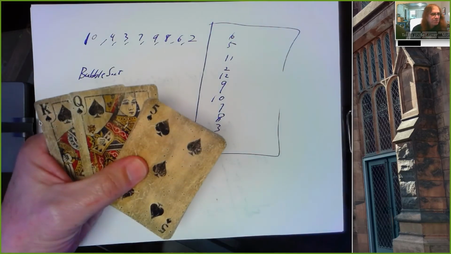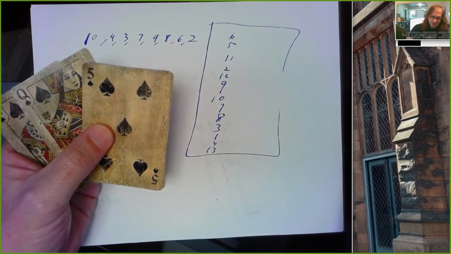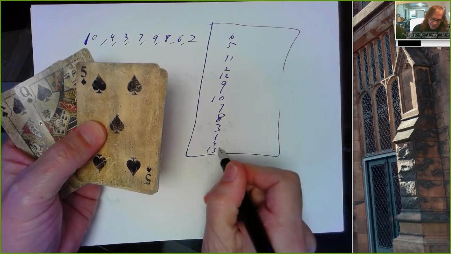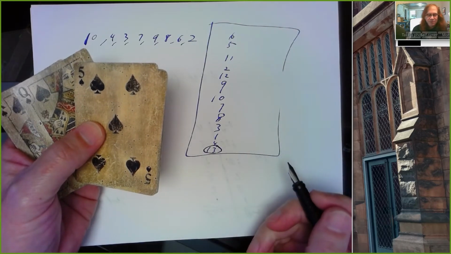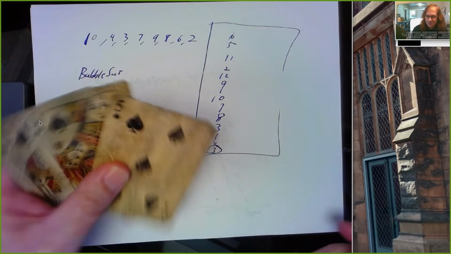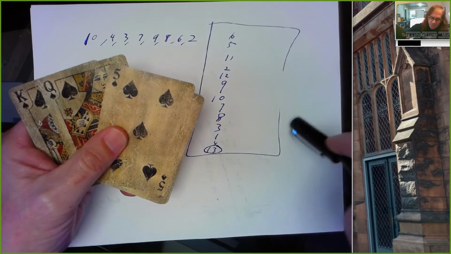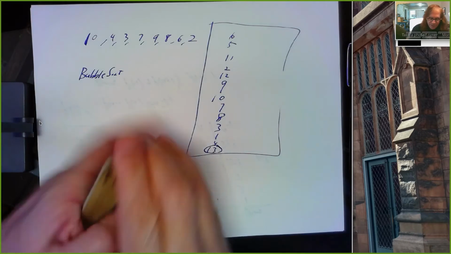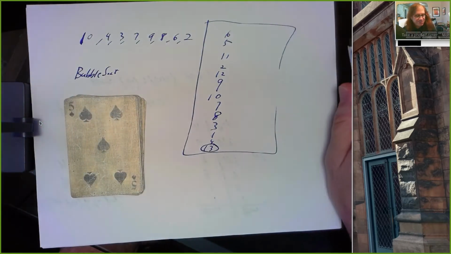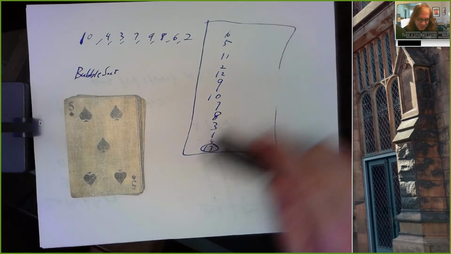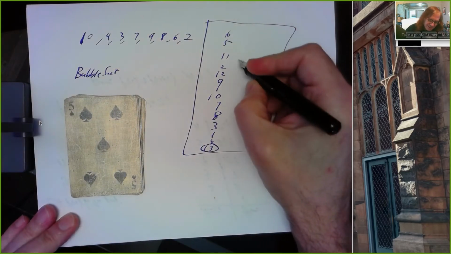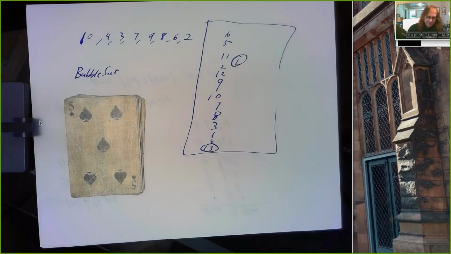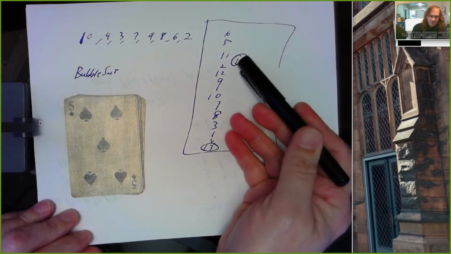Okay, what we know at this point is that the largest number is sitting down here at the bottom of our array. This is an array. And if you want to convince yourself that this works, whatever the largest number is, let's call it L, it's going to be bigger than every number.